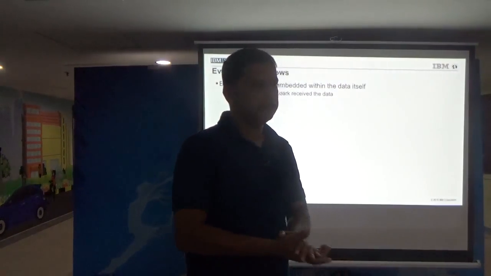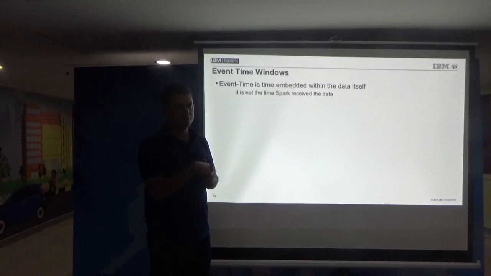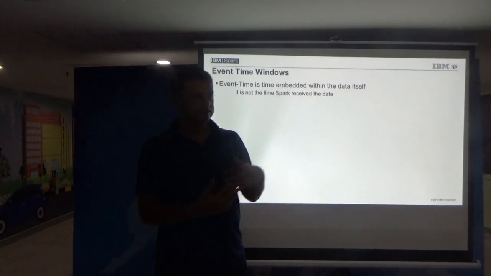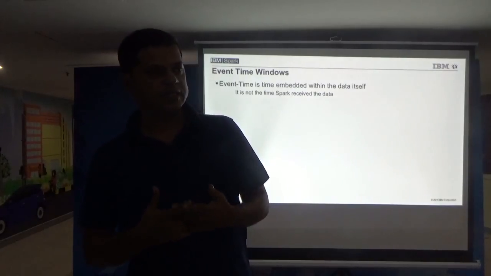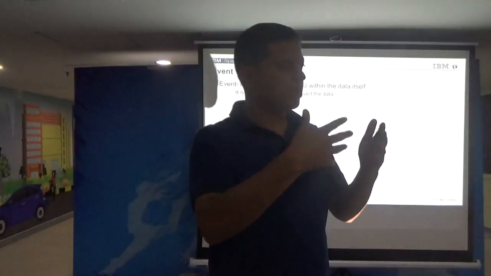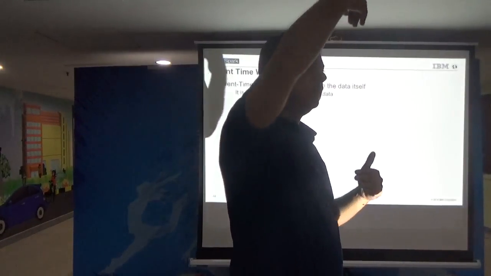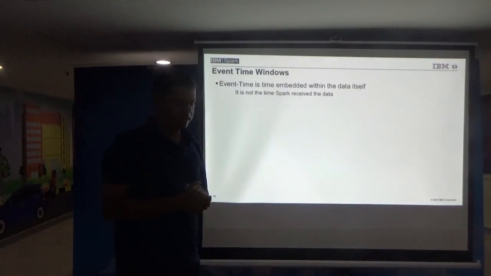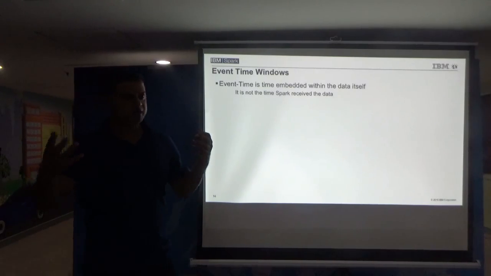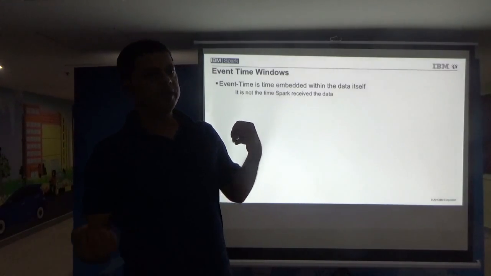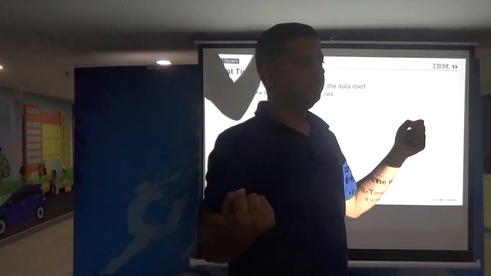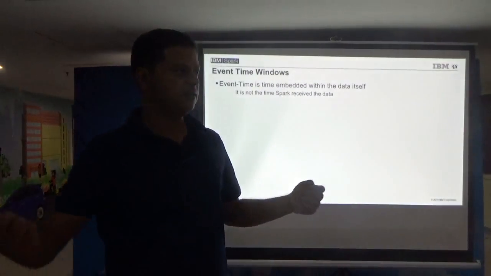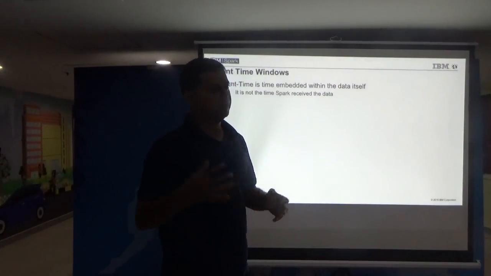So the question then you said was, okay, in 1.x I had this processing time, and you showed me the window function, and you said there's something called event time where you want to do the processing based on the time it happened. So let me give you an example, right? Let's say it was an IoT example. You had a room where you were looking at one sensor giving you temperature and another sensor giving you something else related to temperature.